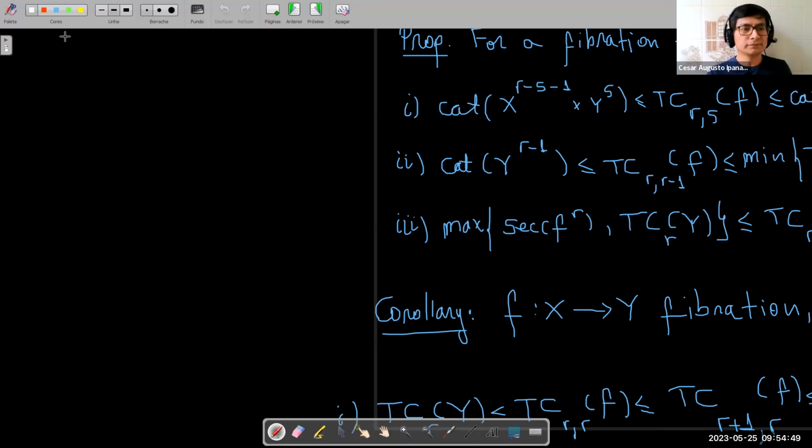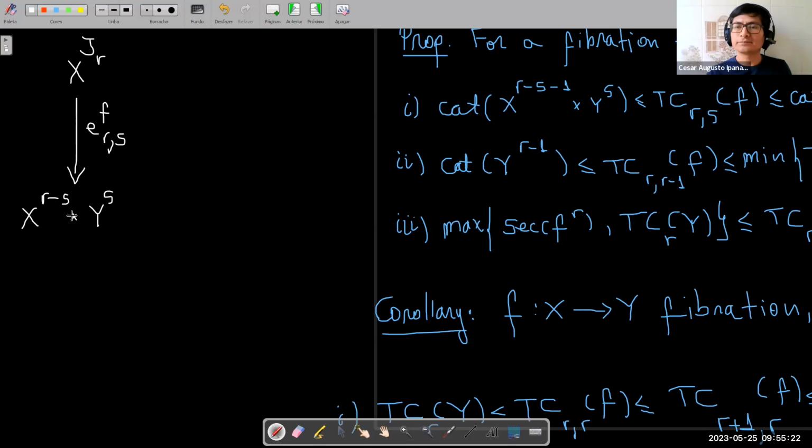For example, in the case when f is a fibration, it is easy to show that this map is also a fibration, with codomain X to the r minus s times Y to the s. Okay, this is a fibration.